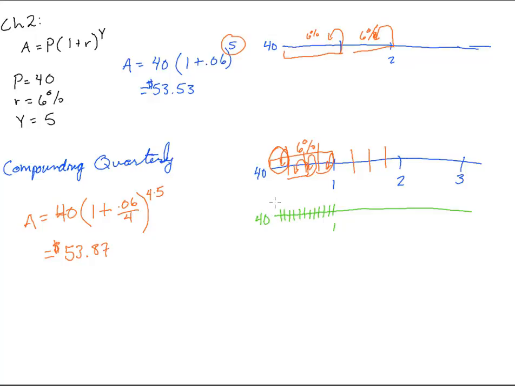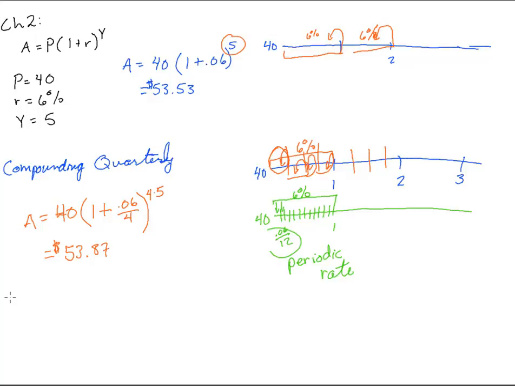Now the 6% has to happen over the full year, so we take 6% but divide it by 12 pieces this time. So this is 0.06 over 12. This is called the annual interest rate, and this guy, which is kind of important, is called the periodic interest rate.